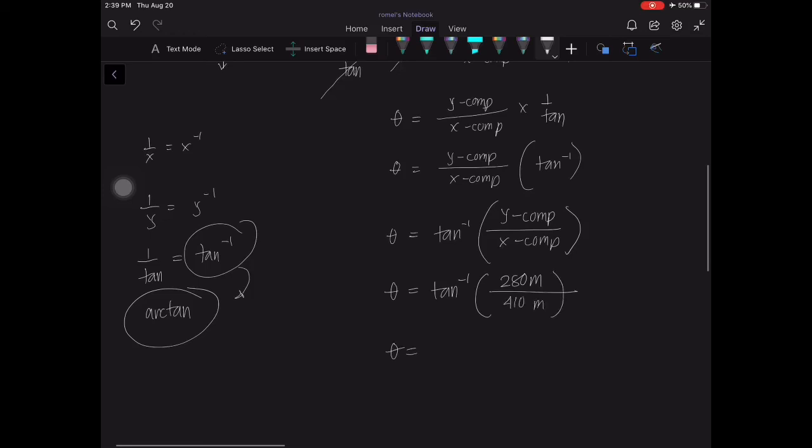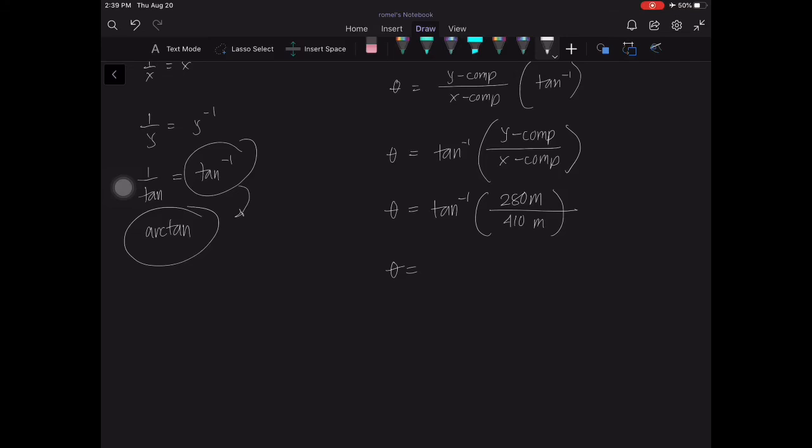For this particular session, we will use the tail to head method. So we get the quotient of 280 divided by 410, and the answer is 0.6829268293. We can cancel out the meters since that would equal 1.